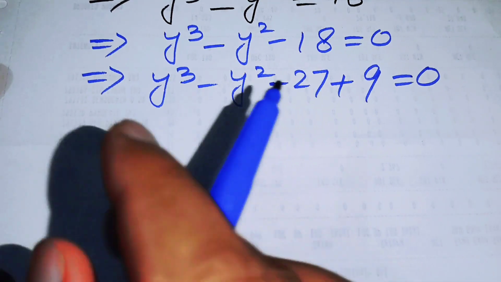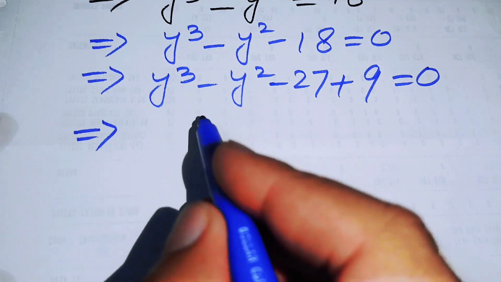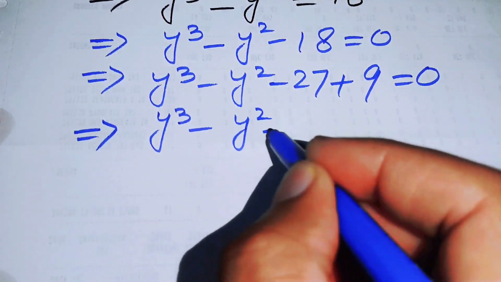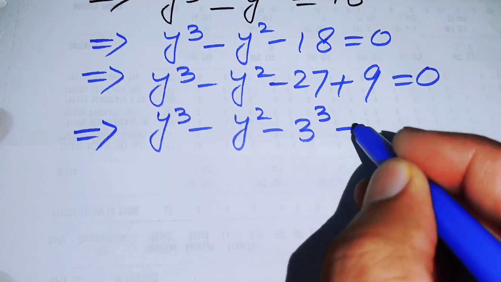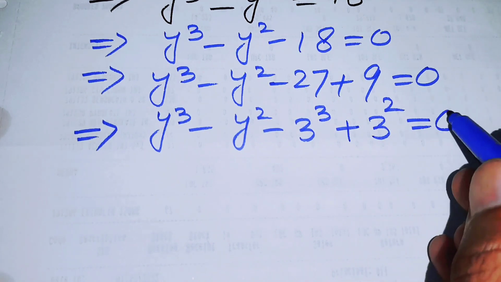And we can make the pairs of cubic terms and square terms. So here we have y cubed minus y squared, and we write this 27 as 3 cubed, and we write this 9 as 3 squared, is equal to 0.